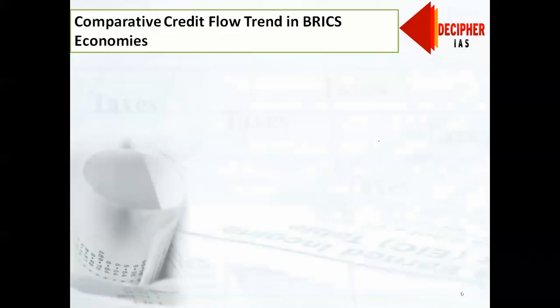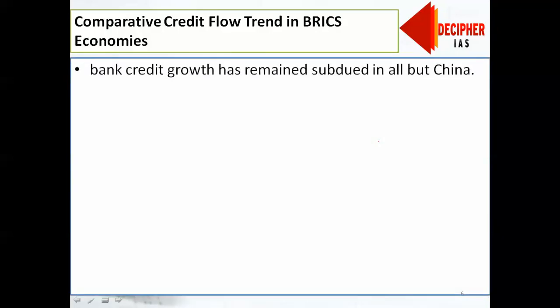So let's move ahead. Now we are going to see the comparative credit flow trends in BRICS economies. Now the first point is the bank credit growth has remained subdued in all of the BRICS economies, that is Brazil, Russia, India, South Africa, except China.